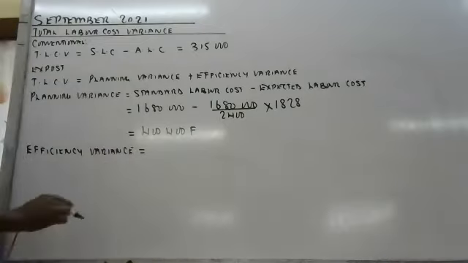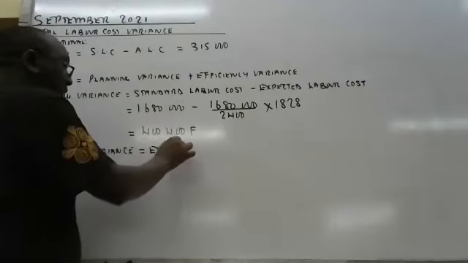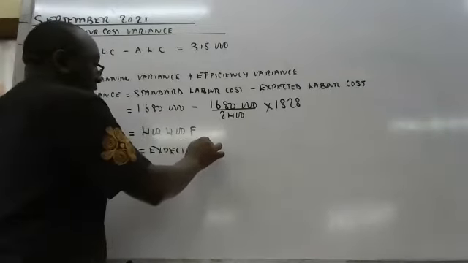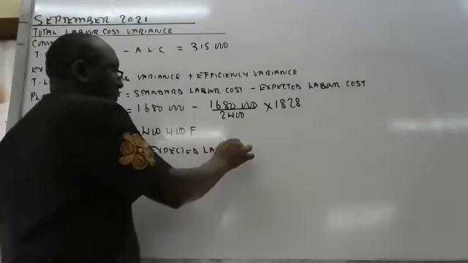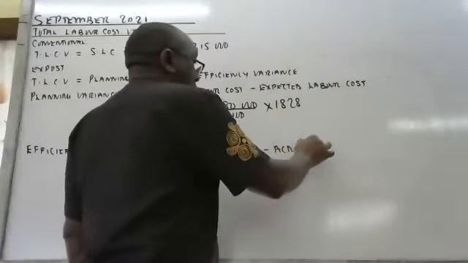Efficiency variance is given as expected labor cost minus actual labor costs.